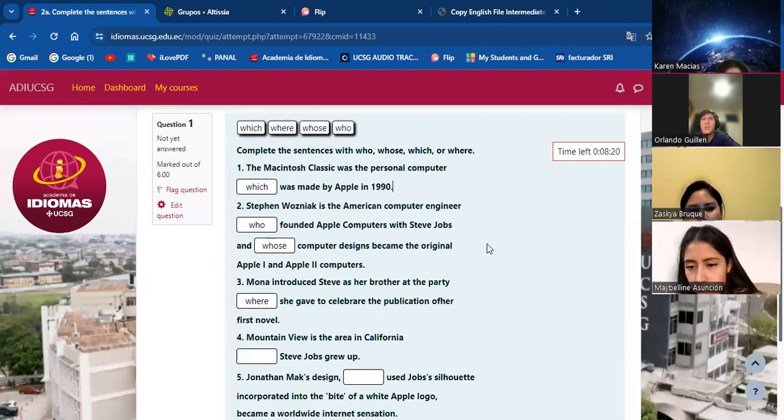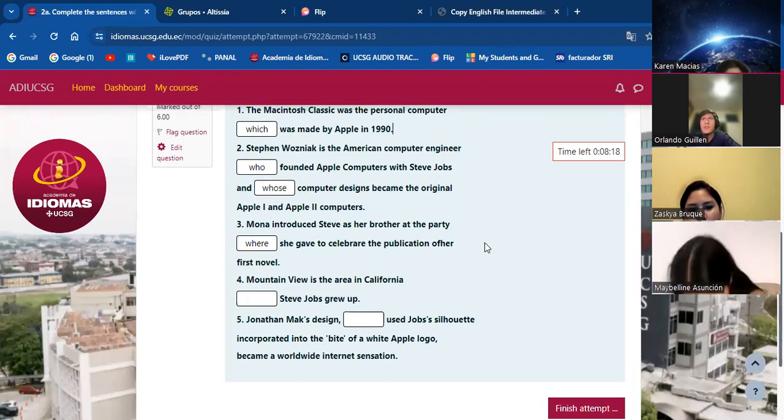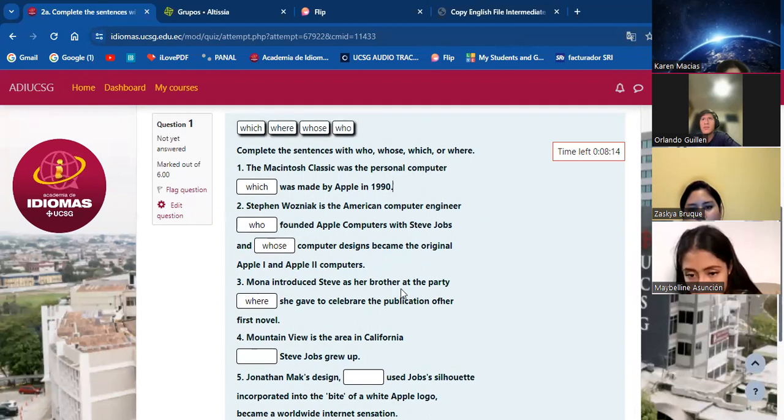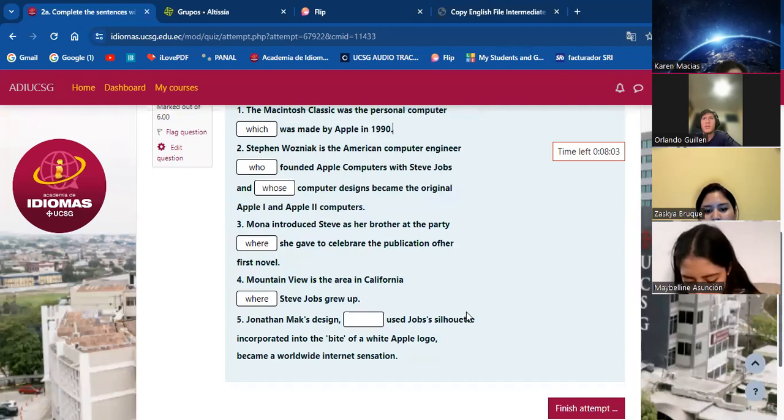Now remember, let me check my attempt first, right? Number 4, Mountain View is the area in California where the Steve Jobs Group. Mountain View. Where? Okay.